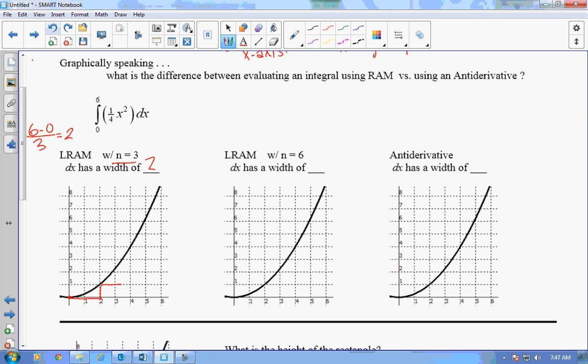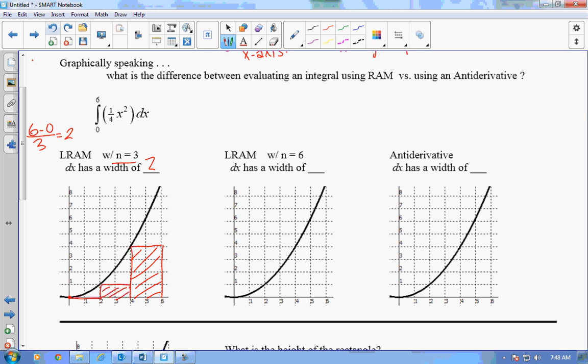And then from 2 to 4, just a height of 1, and then from 4 to 6 with a height of 4. Is this an over approximation or an under approximation? Under approximation.